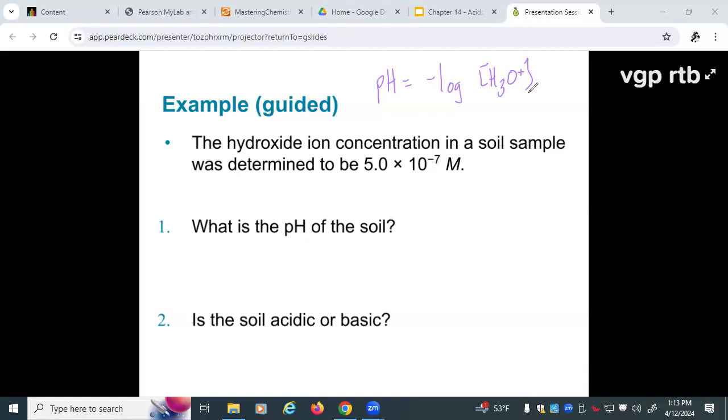Well, in this case, we don't have hydronium concentration, we have hydroxide concentration. So if this is my concentration of hydroxide, in order to find the concentration of hydronium, I'm going to need to do the same kind of calculation that we just did. 1 times 10 to the negative 14 divided by 5.0 times 10 to the negative 7.